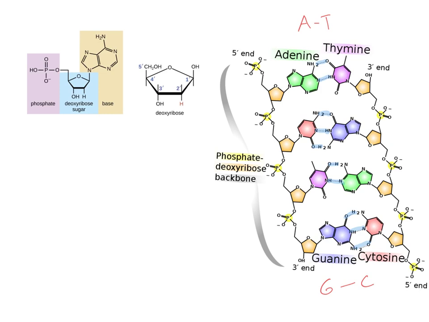So what this lets us do is, if we knew one side of this DNA, so one strand, we could automatically know the other half because everywhere there's an A, there'll be a T on the other side. Same thing here. Everywhere there's a G, there'll be a C on the other side. Same idea up here. This purple represents another G, a guanine, so that means on the other side, we automatically know it has to be a C. And so that's why you always see this green and pink.